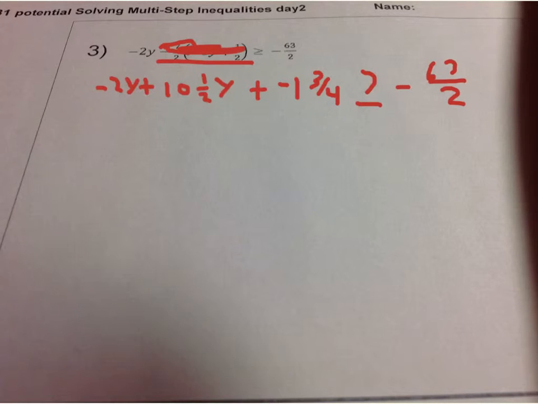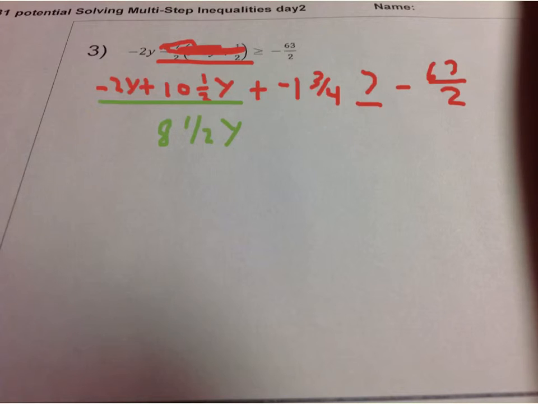Alright, so step 2 again is to combine your like terms. In this one we have negative 2y here and 10 and a half y here, so we can combine these guys. If you have negative 2y plus 10 and a half y, your signs are different on your two numbers, so you subtract. You're left with 8 and a half y, and it would be positive because you have more positives than negatives.